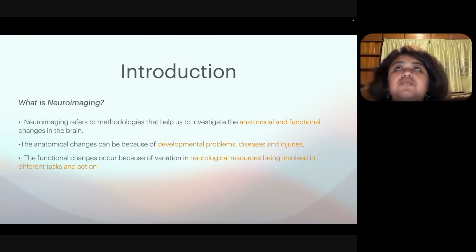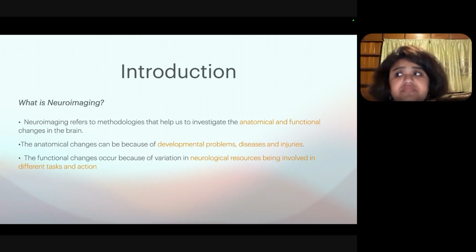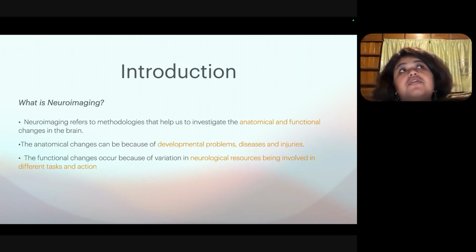So we learn from our experiences. It can be learning about the environment, it can be learning a subject, it can be learning social cues. We know how to function in a social environment much better as an adult compared to a child. So as we grow, these brain regions also develop.